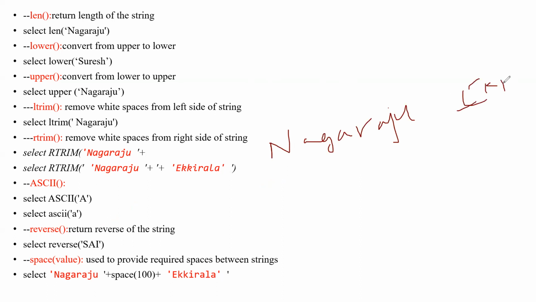I want some space between these two words. Here I'm giving 100 spaces. If I give 4 spaces, 4 spaces is enough. Like that, we can do string manipulations or string operations on a single row. All these statements are single row statements, single row functions.